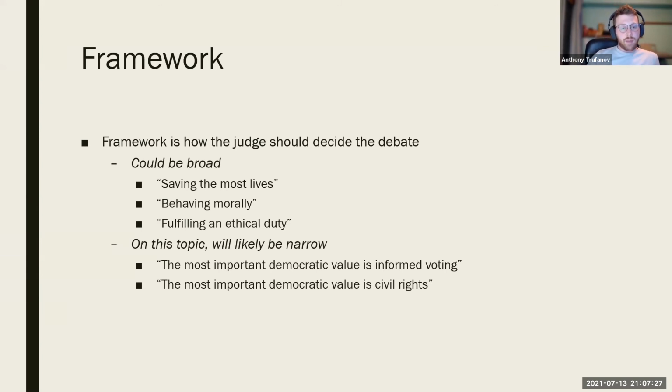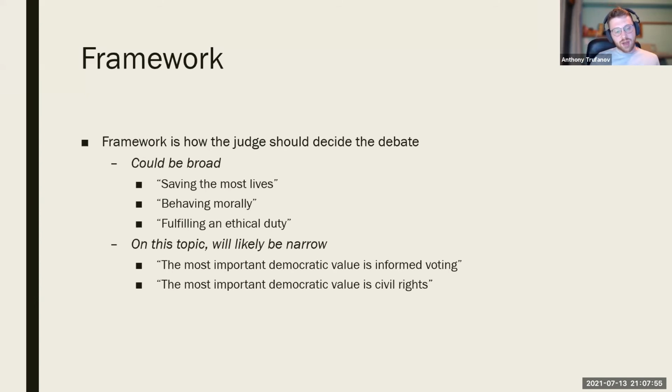On our topic, which remember is about social media being beneficial for democratic values in Taiwan, that actually narrows the framework discussion a little bit for our purposes, because the topic tells us what end goal the judge is trying to achieve with their ballot, which is democratic values. The topic says the judge has to vote for the side that is the best for democratic values, right?